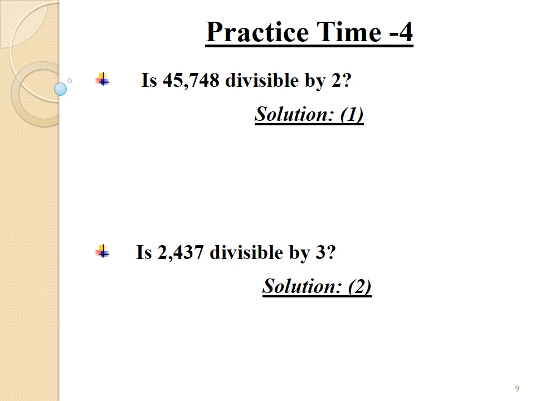Practice time 4. Sum number 1 is: is 45,748 divisible by 2? Students, keeping in mind the rules of divisibility, you have to solve this sum. So, now let's solve these sums by keeping in mind rules of divisibility.